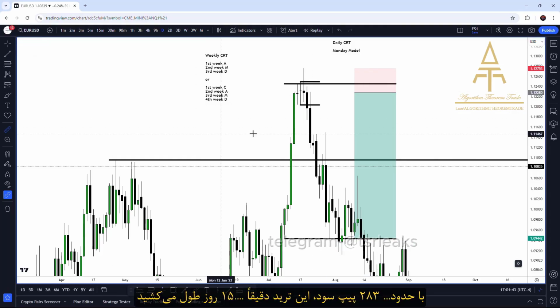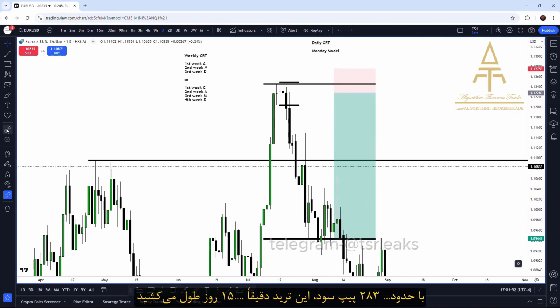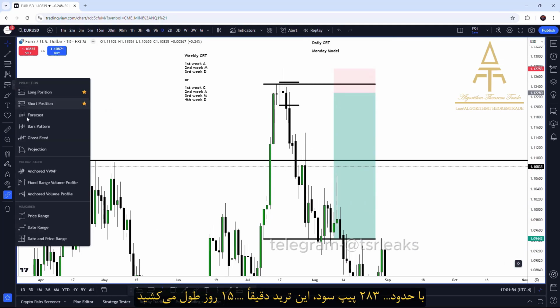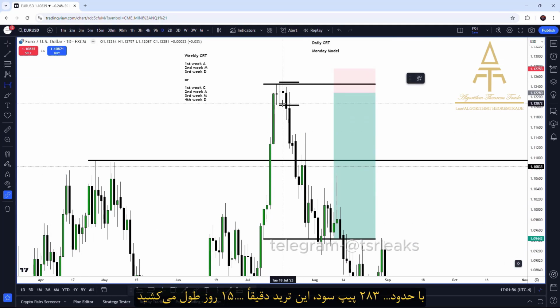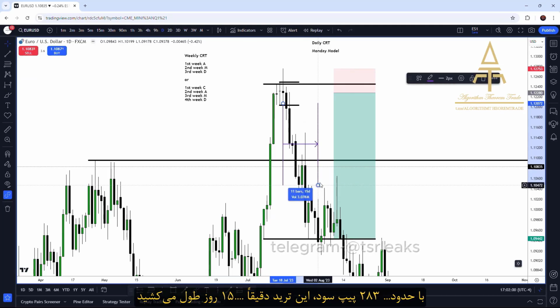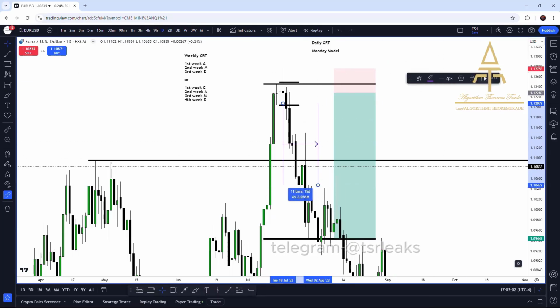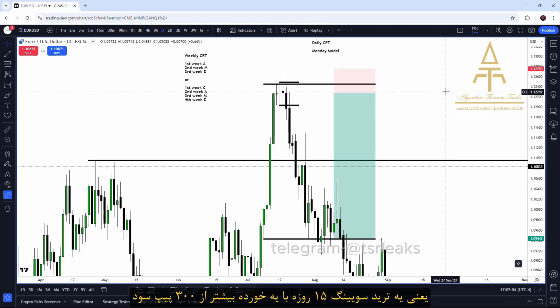With about a 283 pip take profit. You would have been in the trade for exactly 15 days. So a 15-day swing trade with just over 300 pips.